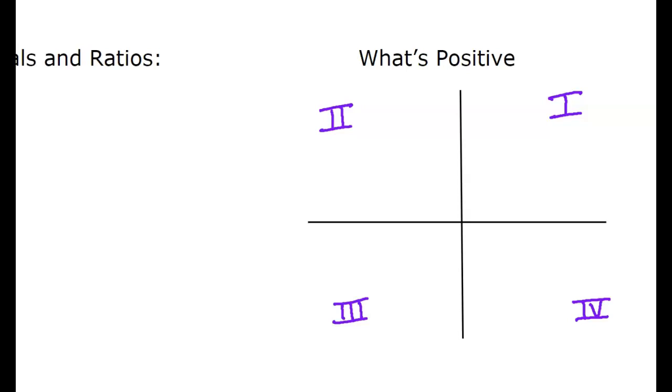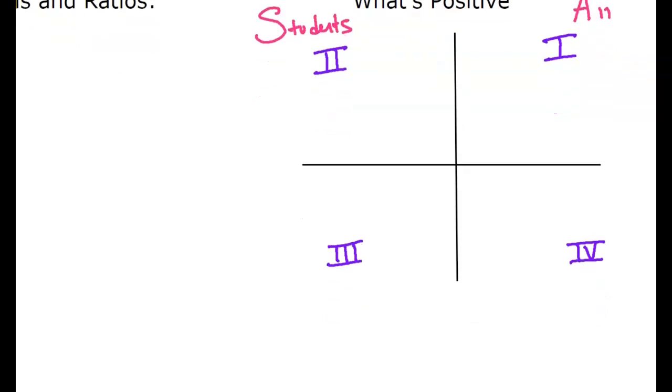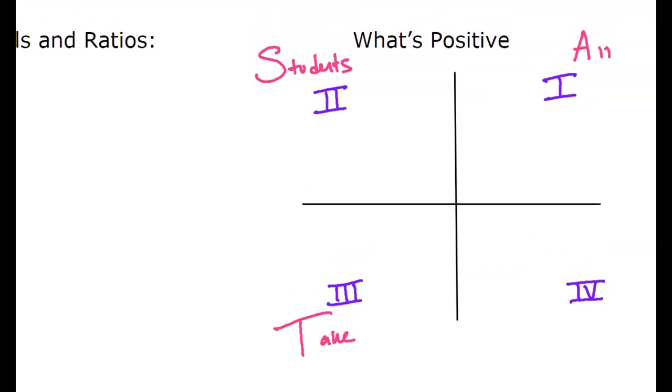There are a couple of acronyms out there, but the main one that everyone learns, I learned way back in high school, and this school uses as well, is All Students Take Calculus.